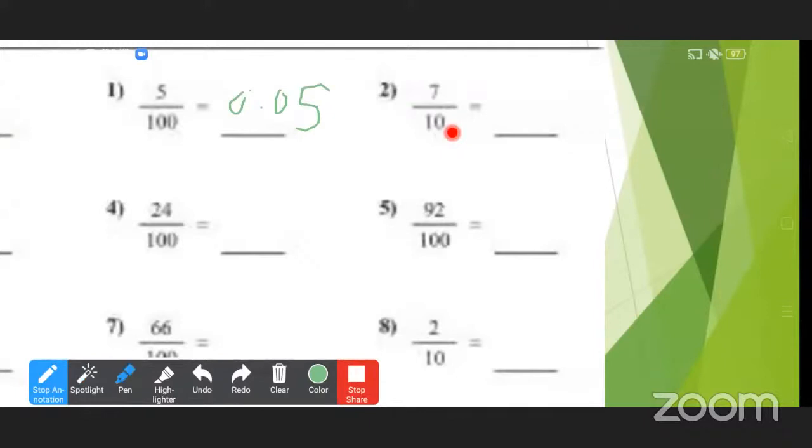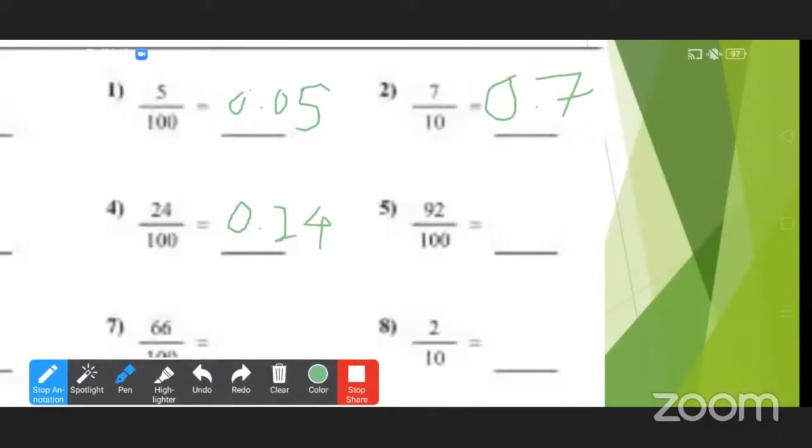And the decimal form of it is 0.7. Okay, good. And the fourth one is 24 upon 100, very good. And its decimal form is 0.24.